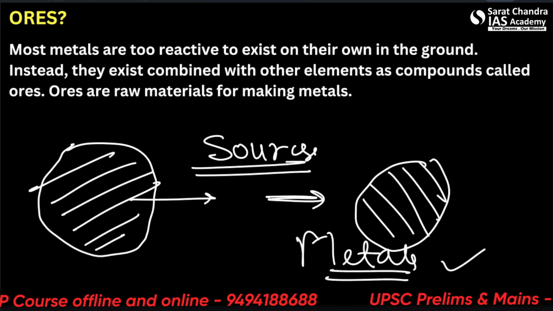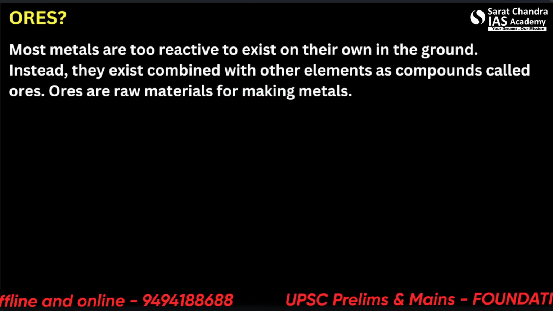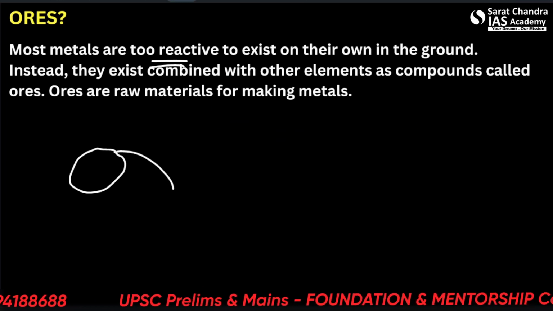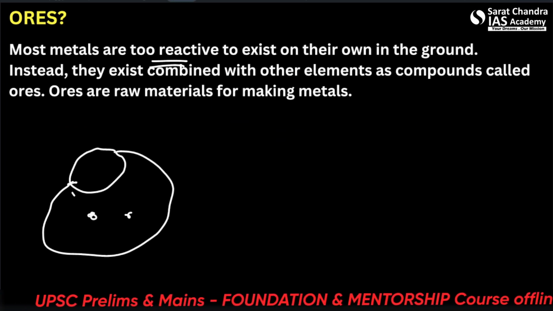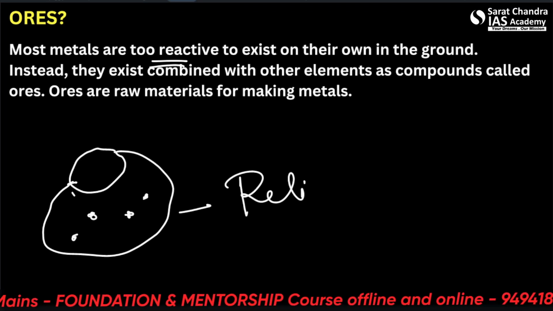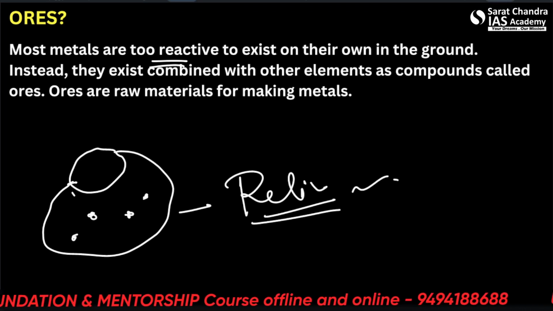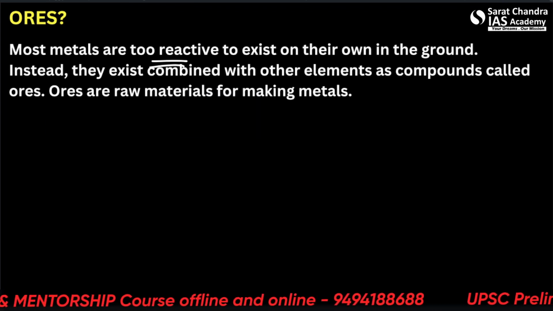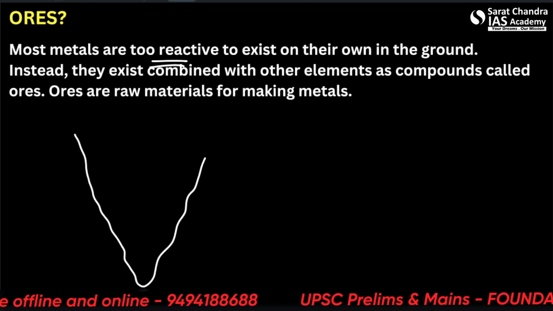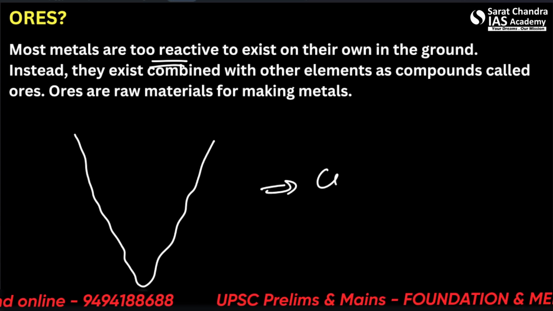These metals in their pure form are too reactive, so they react with something, and when they react, it makes an ore. Ores have many impurities, they are refined, processed, and metals are made out of them. Okay. When we talk about such a question, we can do a common sense thing.